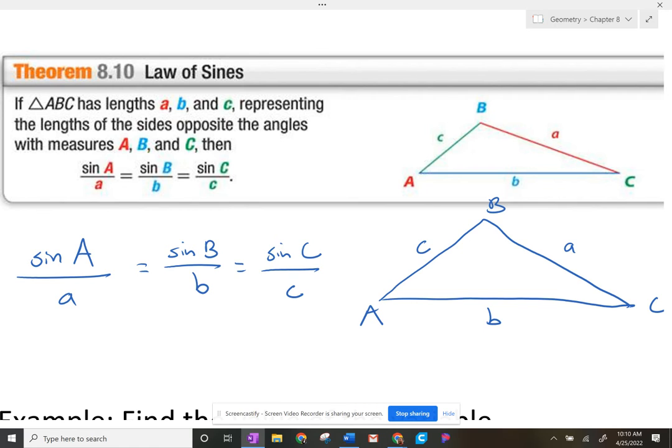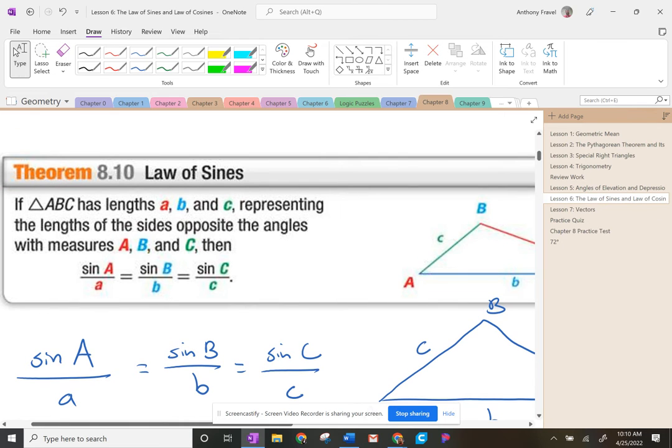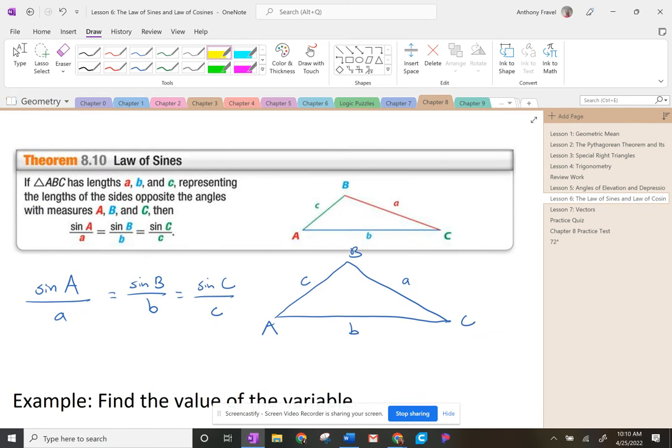Okay, I'm going to pull up my highlighter. That's the reason I kind of have this one here. So again, this angle A is going to correspond to this entire side. This angle B is going to correspond to this entire side. This angle C will correspond to this entire side.